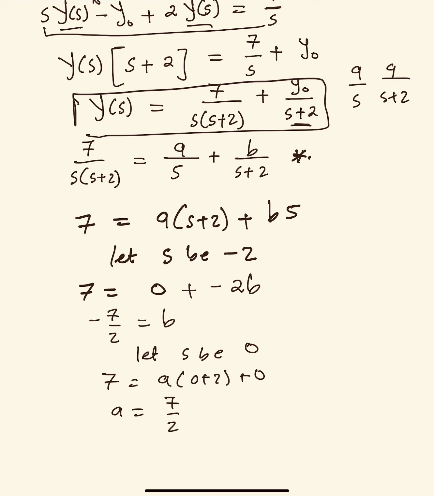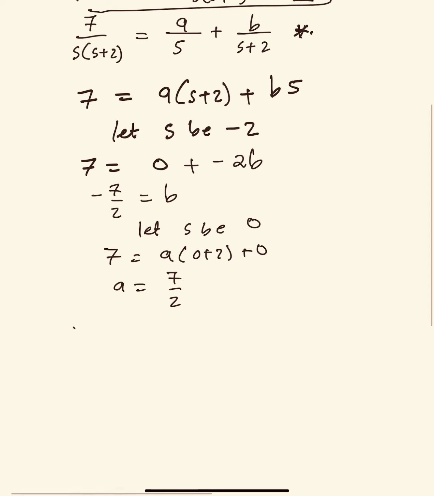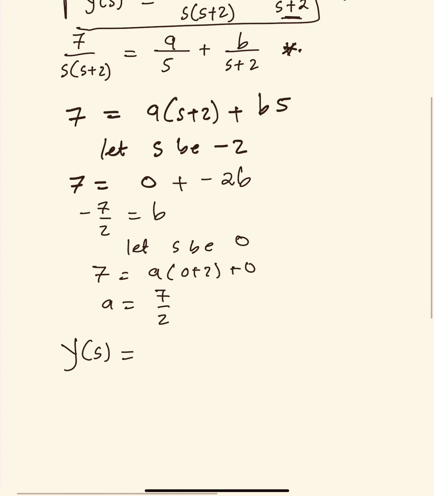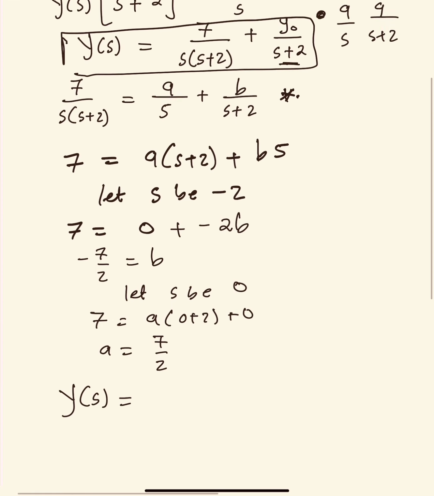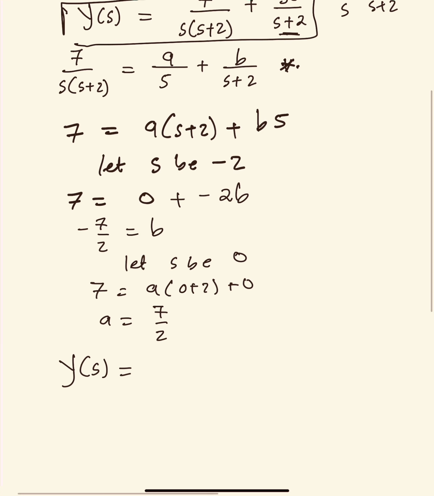So this equation here is now going to become y of s is equal to 7 over 2 over s plus minus 7 over 2 over s plus 2, right?